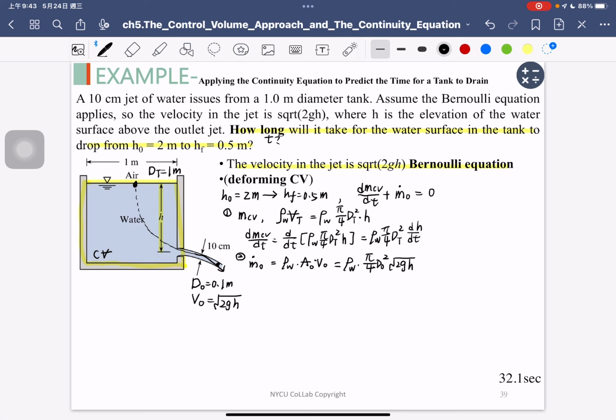So if you have equation 1 and equation 2, you can go back to the continuity equation showing here.